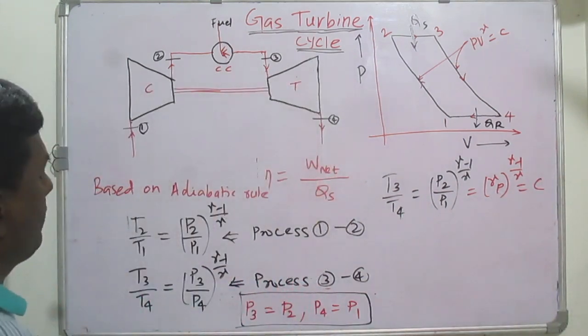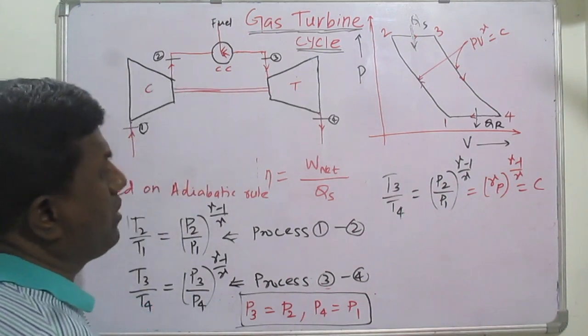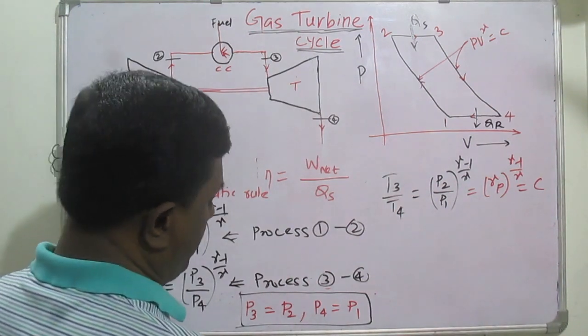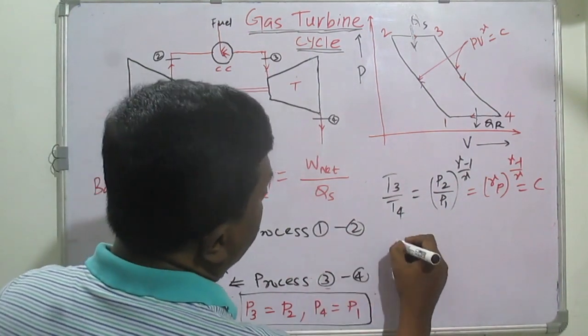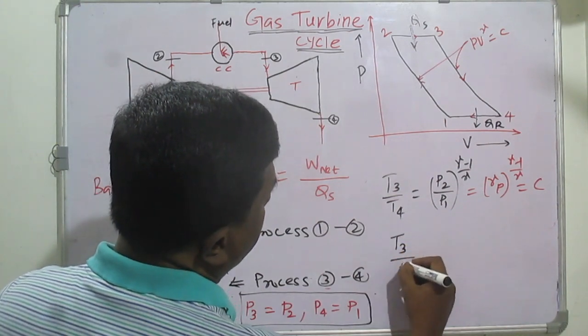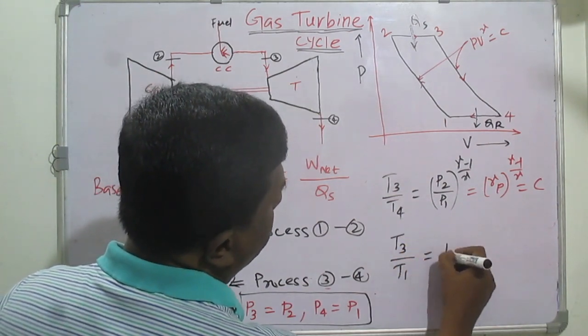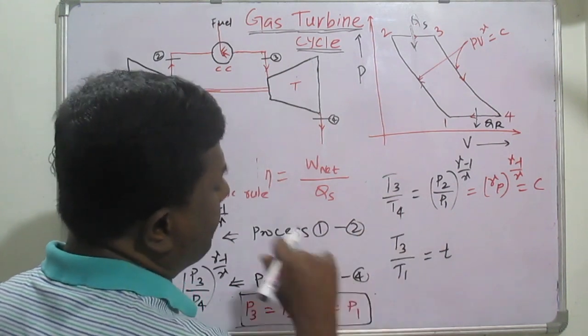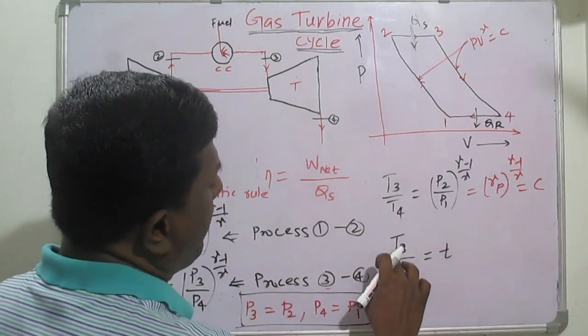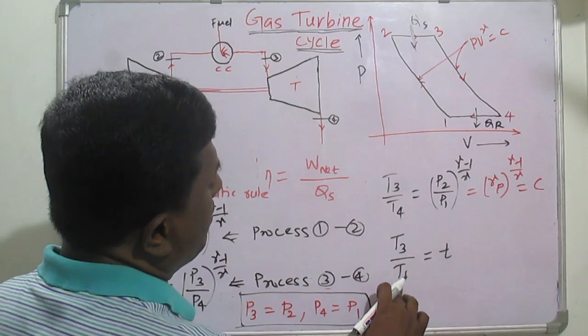Then we take one more assumption: T3 by T1 equal to T, which is the maximum temperature to the minimum temperature.